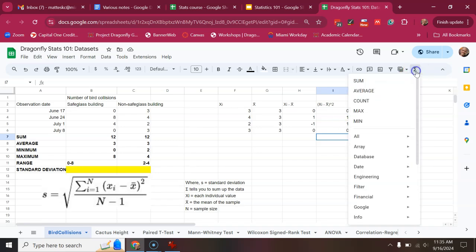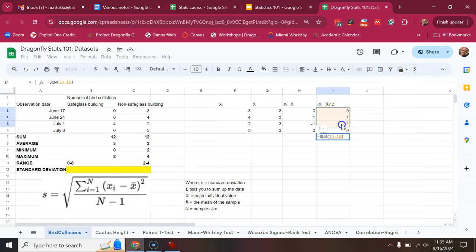Now I can hit sum on this data because that's what our formula is asking to do, sum all the values. It's 2. And now we're going to divide by n minus 1. So since there were 4 of these values, n minus 1 is 3. So we'll take this and go equals 2 divided by 3.